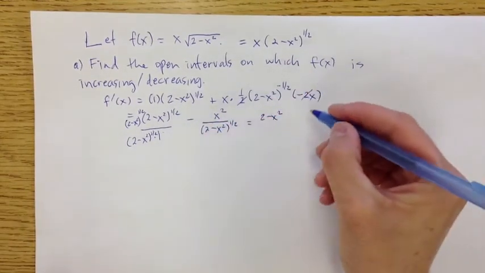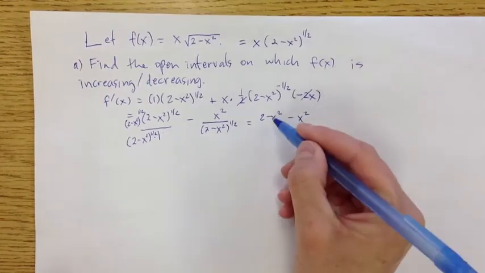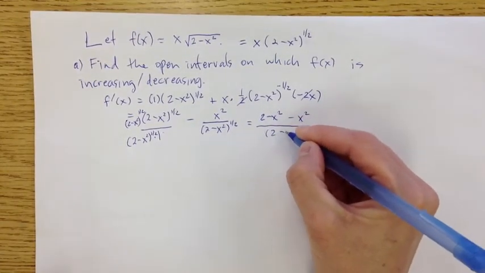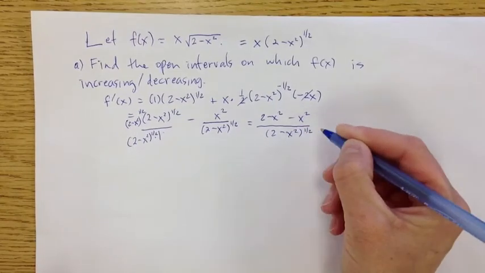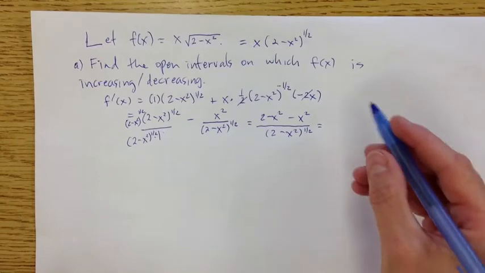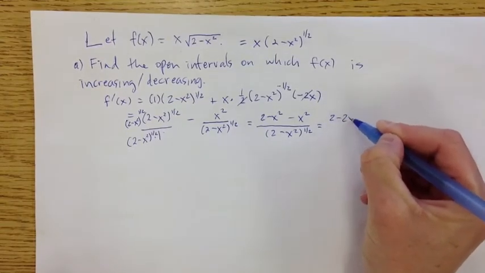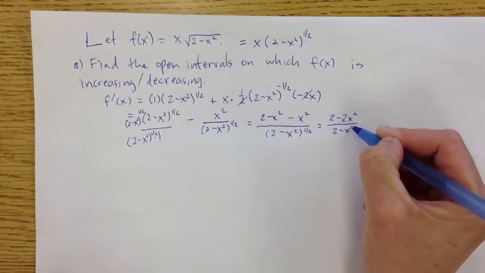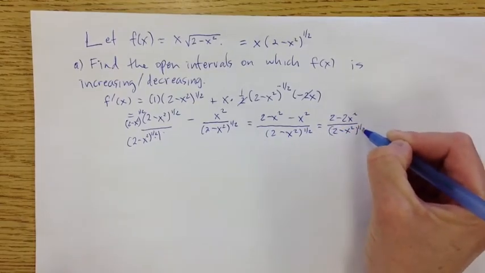Then minus this x squared, divided by this denominator, 2 minus x squared to the 1/2. So 2 minus x squared minus x squared is 2 minus 2x squared, divided by 2 minus x squared to the 1/2.